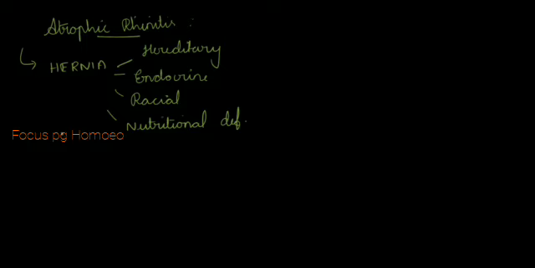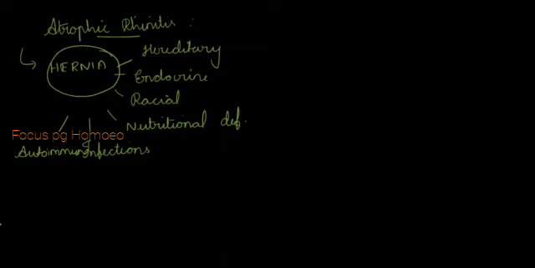Nutritional deficiencies. And then comes I, that is infections. And then A is none other than autoimmune. So these are all the primary causes of atrophic rhinitis, which can be called as HERNIA very easily.